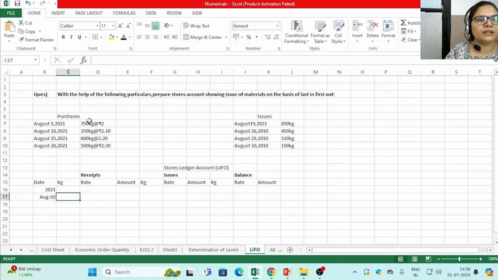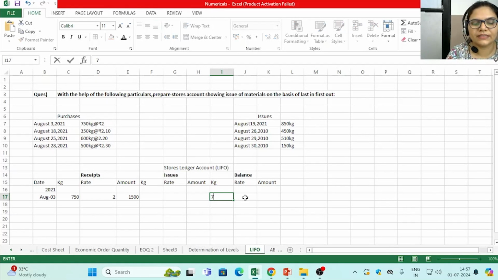On August 3, the organization has purchased 750 kg of units at the rate of rupees 2, and the amount is rupees 1500, which is 750 into 2. Next is issues. No issue has been done on August 3, so the balance will remain the same, that is 750 at the rate of rupees 2 and 1500.